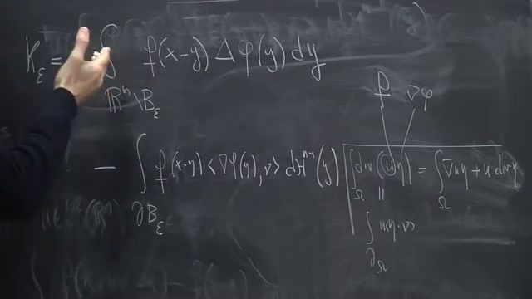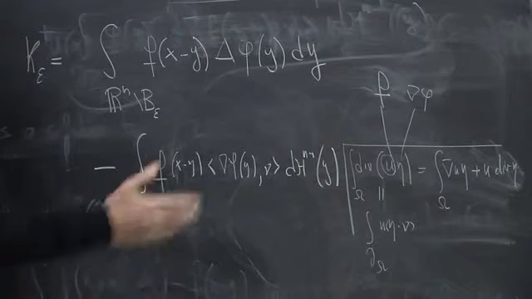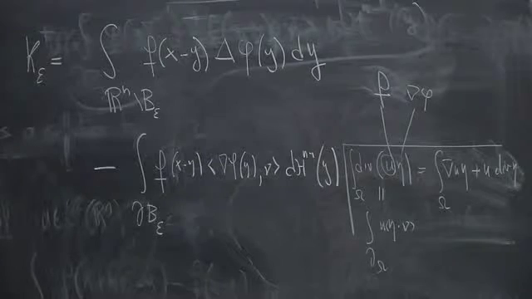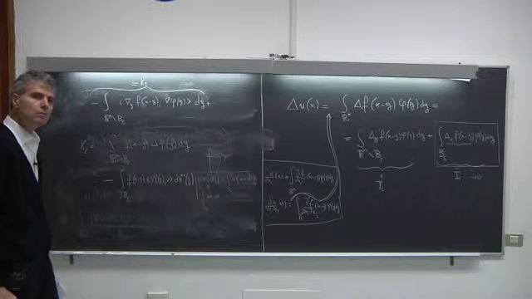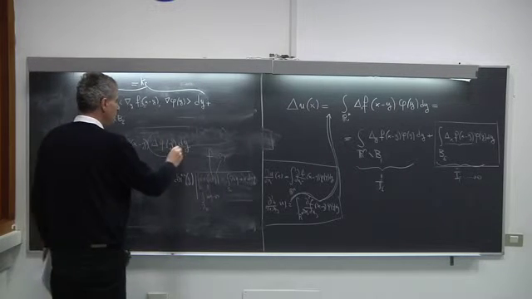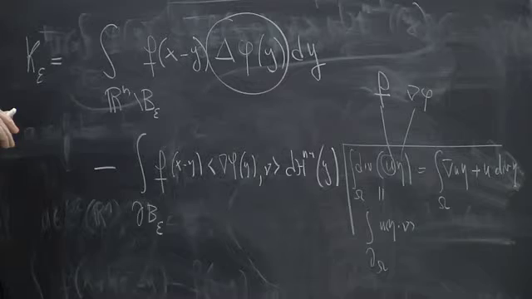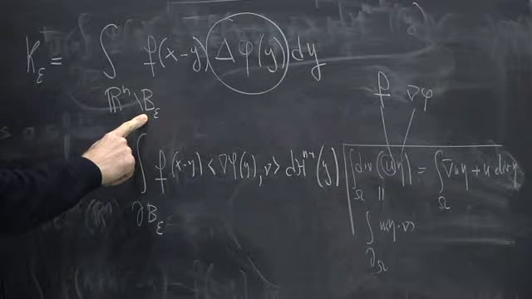But now there is a big advantage. I claim that this first integral is exactly equal to 0. Why is this so? The first volume integral is identically equal to 0, because phi is harmonic out of the origin. In particular, it's harmonic out of the ball centered at the origin.